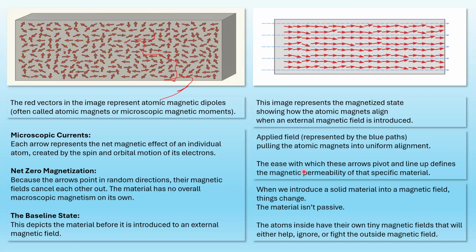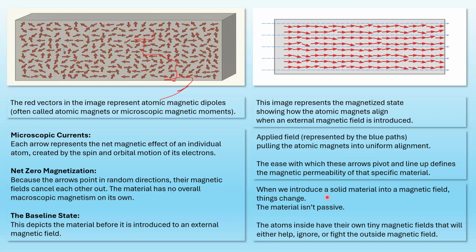The ease with which these arrows pivot and line up defines the magnetic permeability. The ease with which it happens defines the permeability of that specific material.